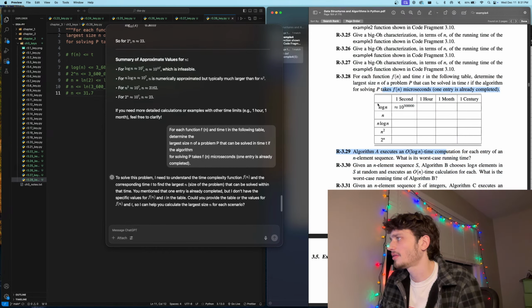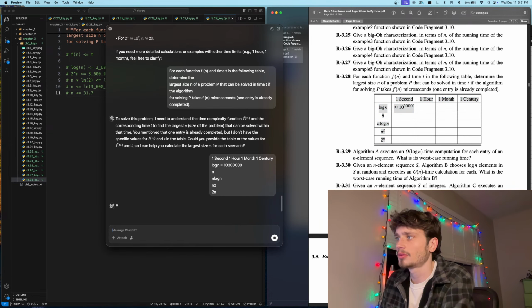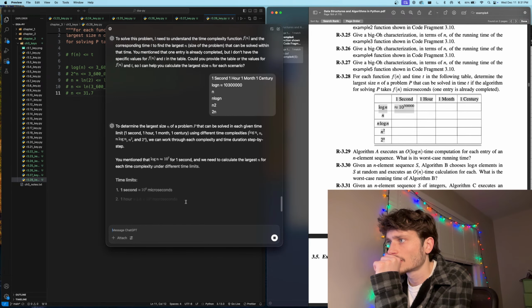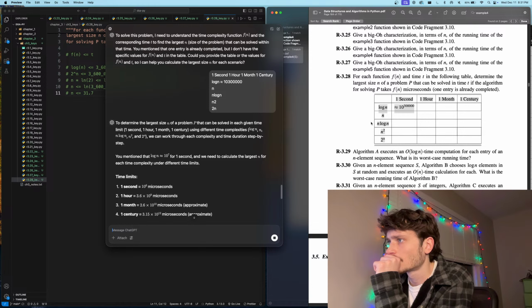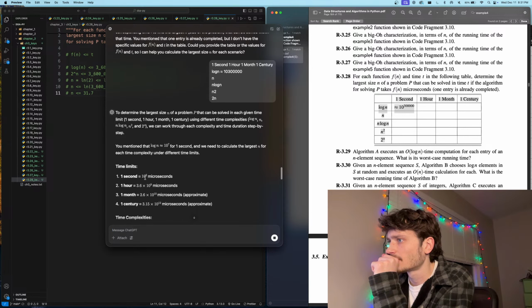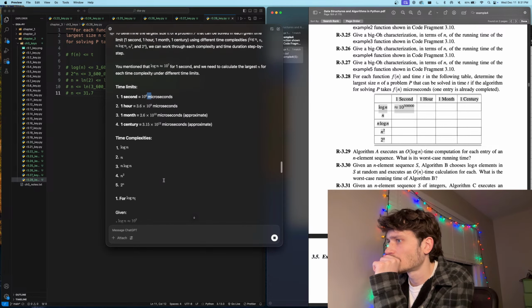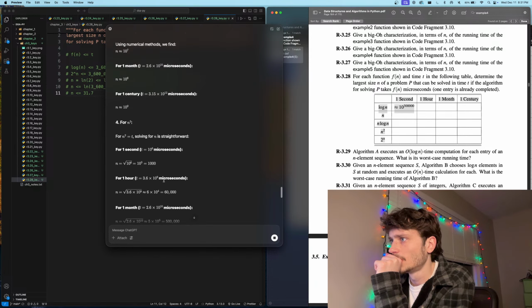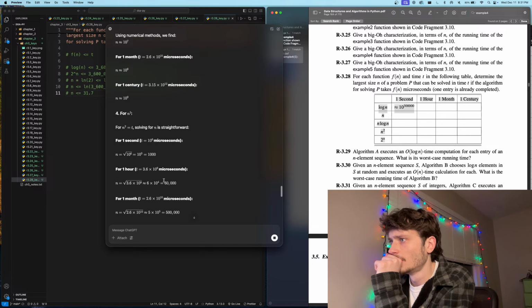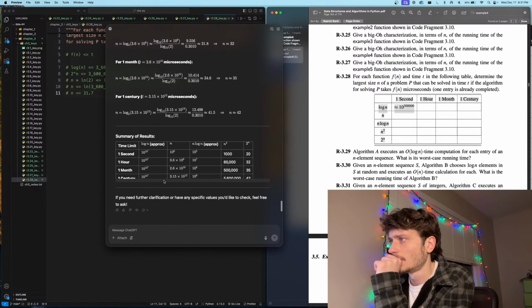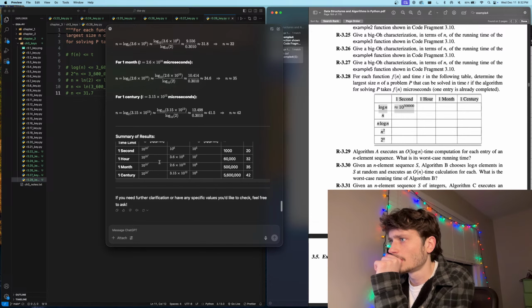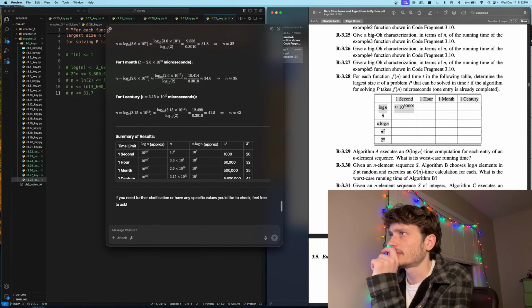So then if you take this, paste it in here. 10 to the power of 6. Yeah, this is strange.